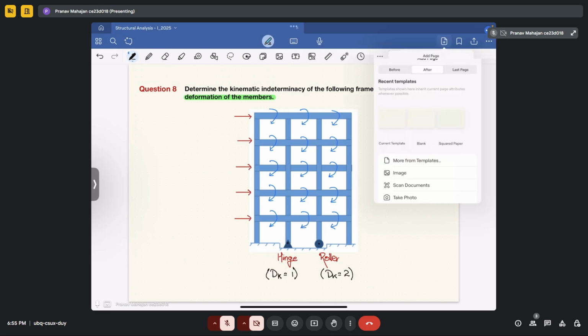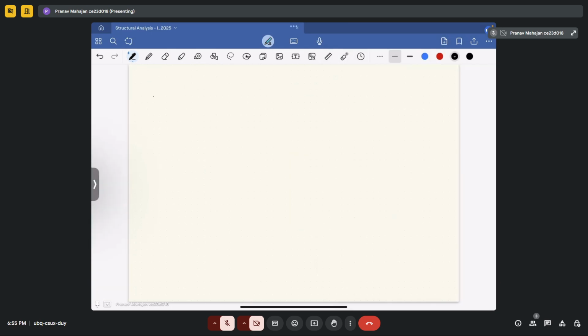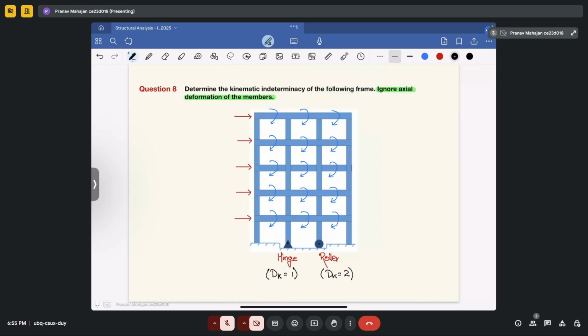Okay, so let me write in the next slide. So your degree of kinematic indeterminacy will be equal to, so at each frame, oh I think I have marked in the frame, it is at each corner.